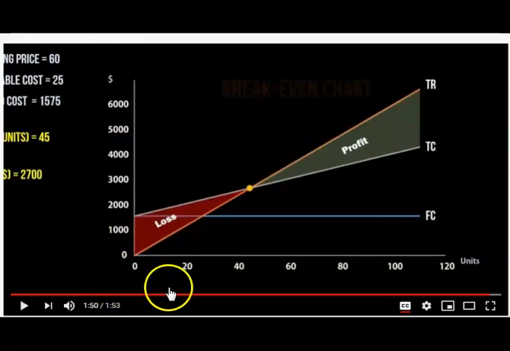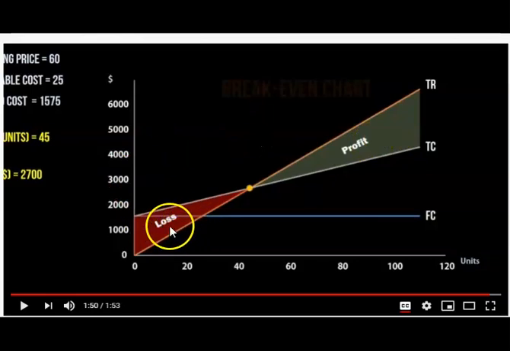Okay, you can see now, Becky, that by drawing this graph, you can see how much loss the company is making and how much profit they're making as well. Okay, and this is the breaking point. Breaking point is here. All right, so this is the point at which the total revenue equals the total cost. All right, and this is where the losses are and this is where the profits are.